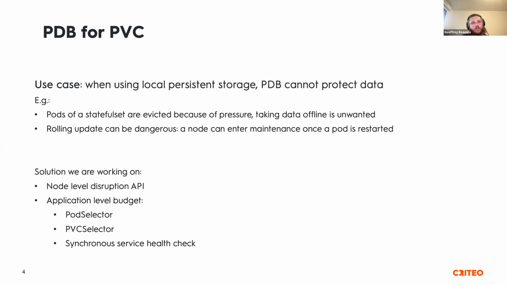The users only provide a budget to advertise constraints, and not everybody needs this amount of constraining. It's really for stateful applications that are really critical. So application level budget is for users, and here it's really Kubernetes operators that can touch global cluster objects, whereas this one is namespaced.